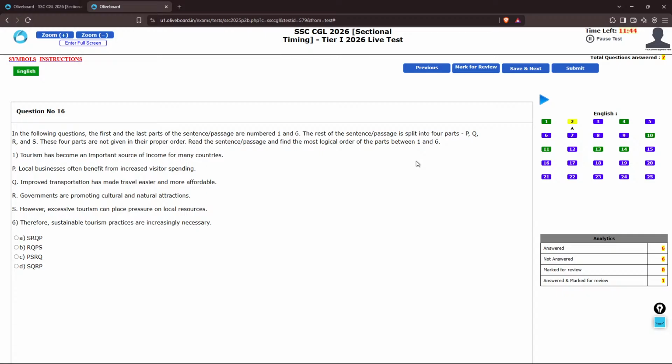Local tourism has become an important source of income for many countries. However, excessive tourism can place pressure on local resources. This is a good thing to start with.